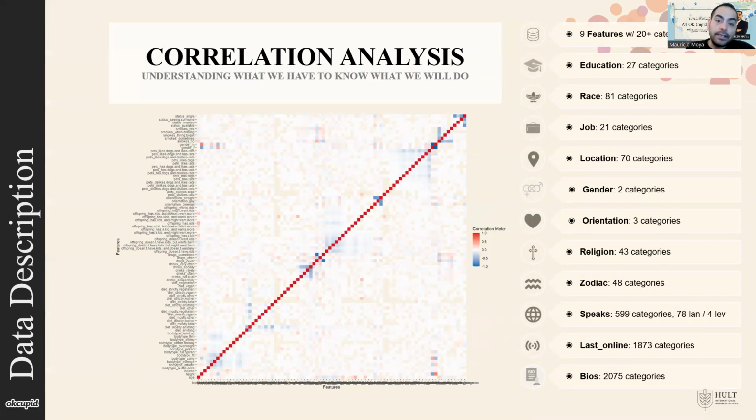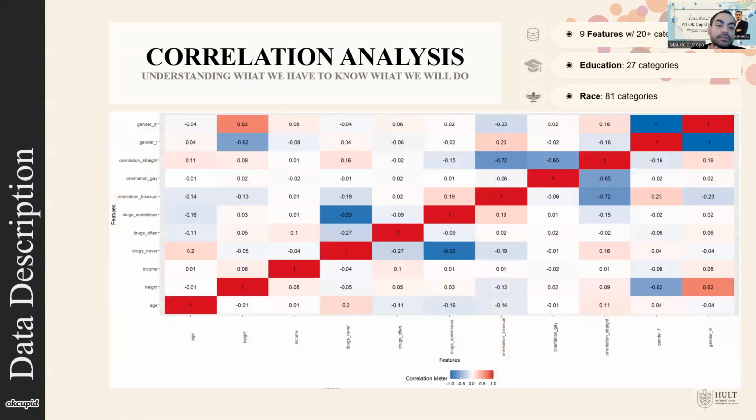We found that there are very weak relationships between most of the variables, and the ones that I'm going to work with are mainly drinking, smoking, drugs, gender, and age by groups. I'm going to use a bit of locations for plotting, as you can see in the map. Then the stronger relationships were these. I mean, we don't want to find those actually, because we want to go for the small microsegments.